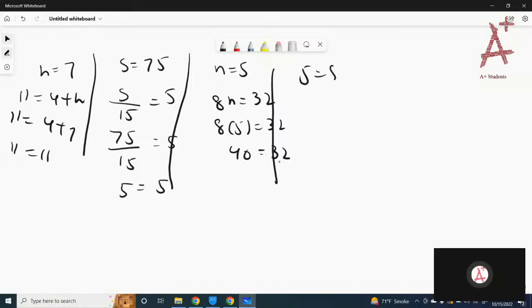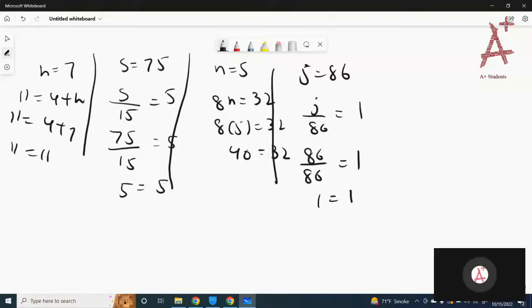Is j equals 86 a solution of the equation? The equation is j over 86 equals 1. So it would be 86 over 86 equals 1. Got it? Both sides of the equation are equal. That means yes, it is the solution of the equation.